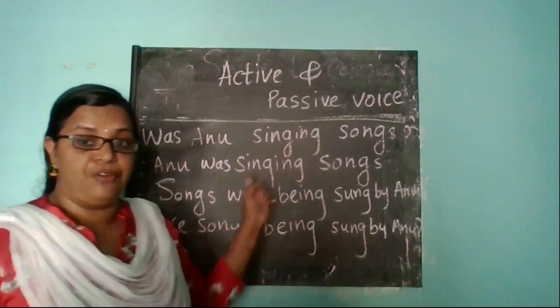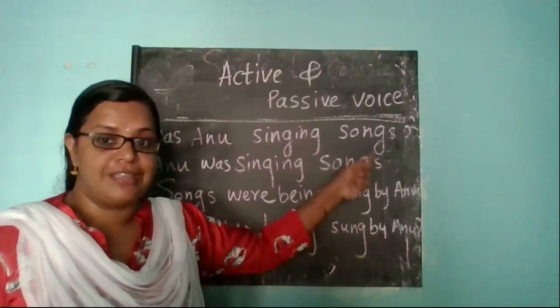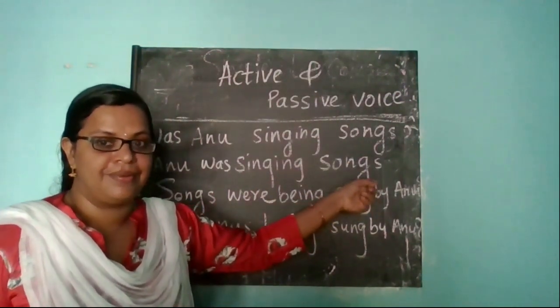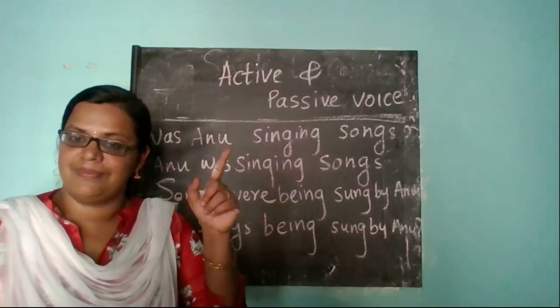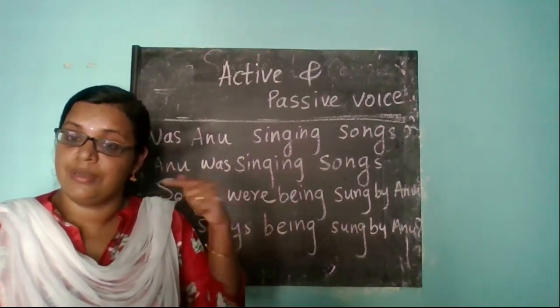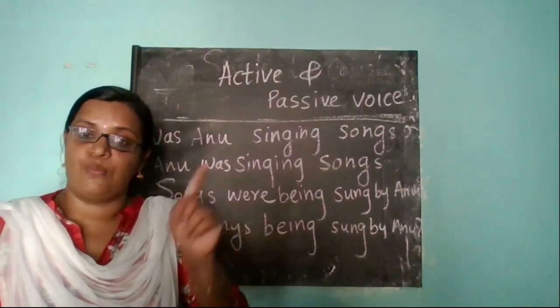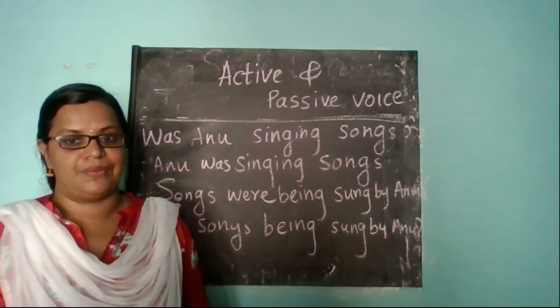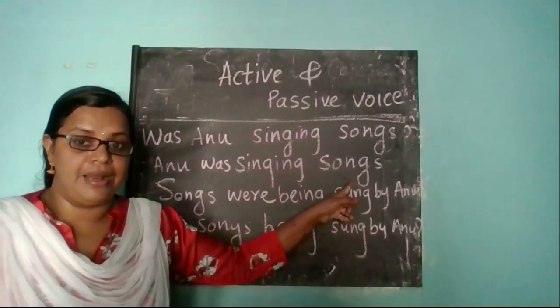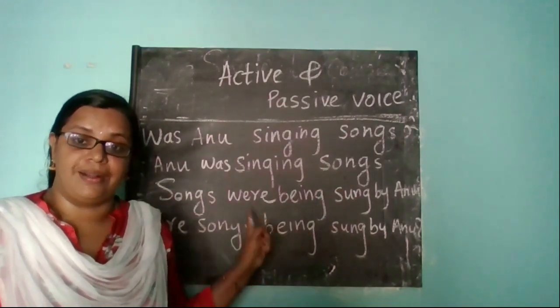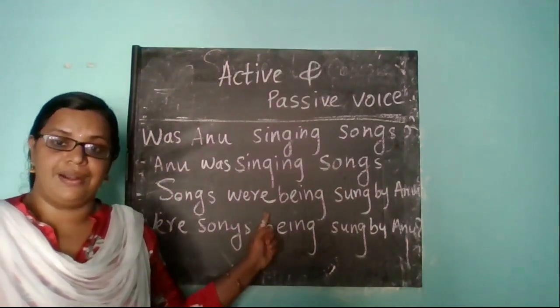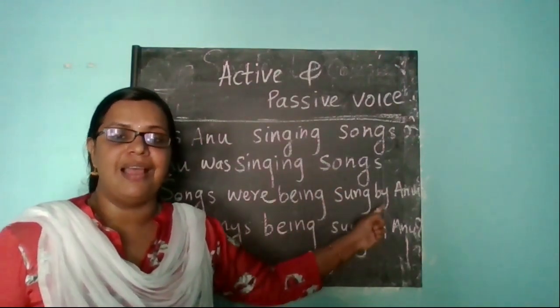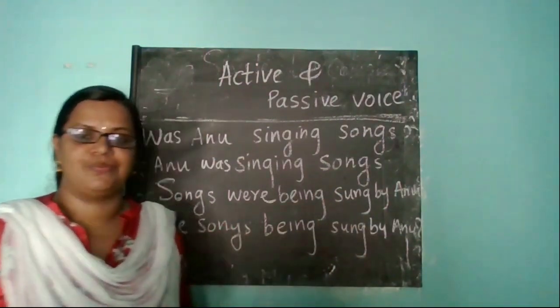Then write the passive form, which is object songs. Songs. Then think about the tense. Past continuous. So then what is the format? Was or were plus being plus V3. Songs, plural noun. So you can use were. Songs were being sung by Anu.